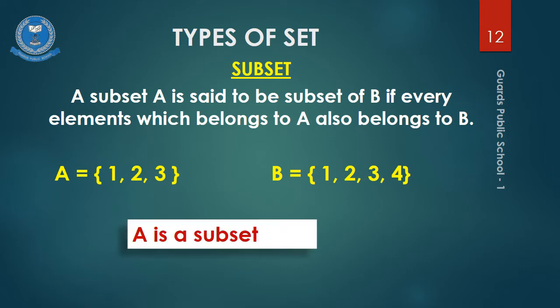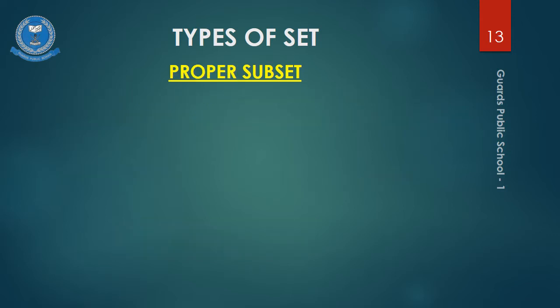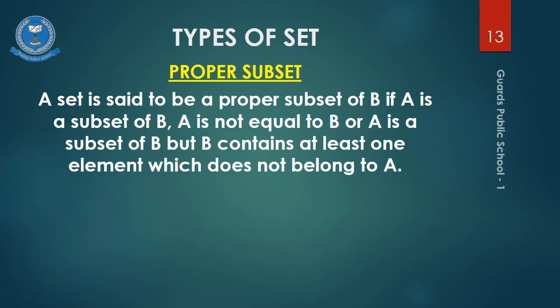Next type is proper subset. A set A is said to be a proper subset of B if A is a subset of B and A is not equal to B, or A is a subset of B but B contains at least one element which does not belong to A. Again consider the example of set A which has the members 1, 2, 3 and B which has the members 1, 2, 3, 4.